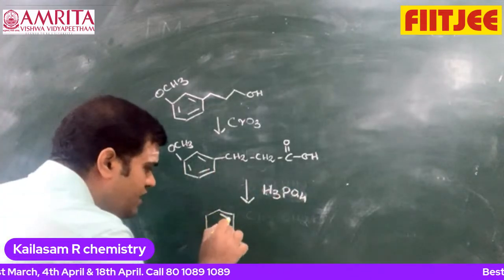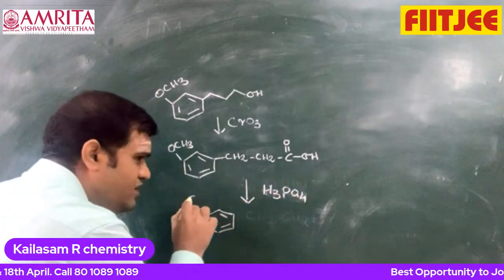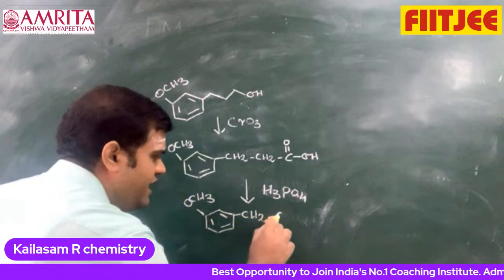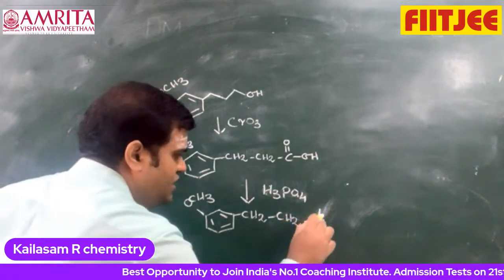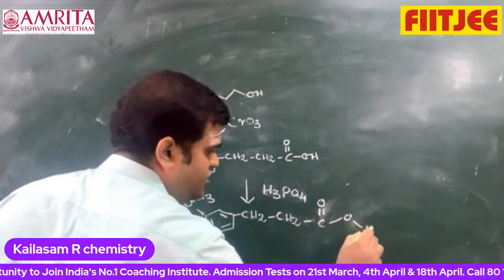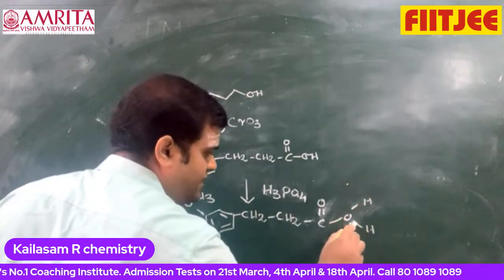Now what is going to happen? Look at that. As OCH3, I can write CH2, CH2, C double bond O, O, H and H plus.